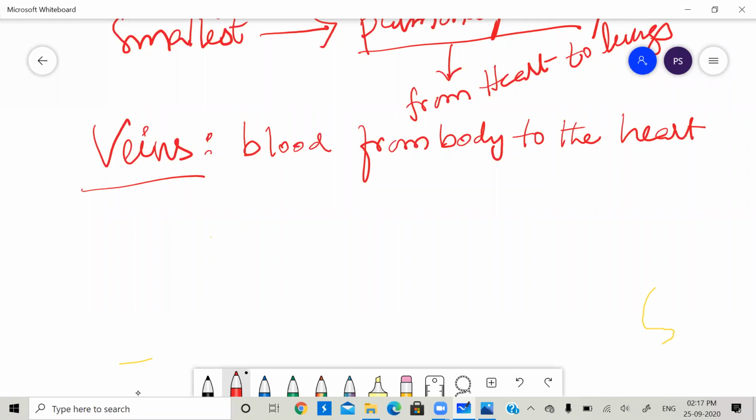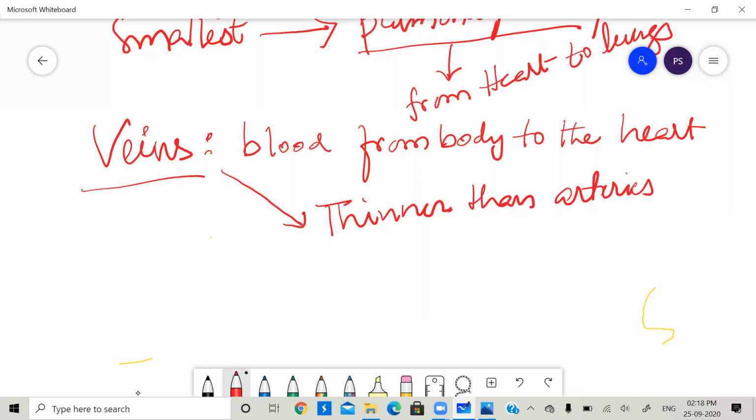So these veins transfer blood from various parts of the body to the heart. When we compare with the walls of the arteries, the walls of the veins are somewhat thinner than the arteries.